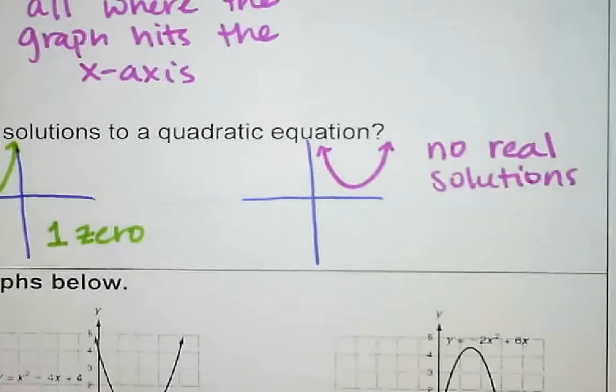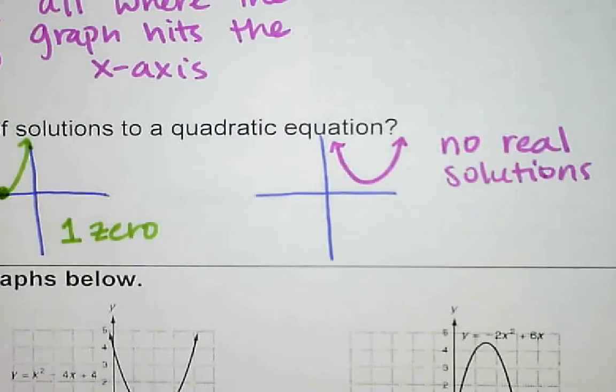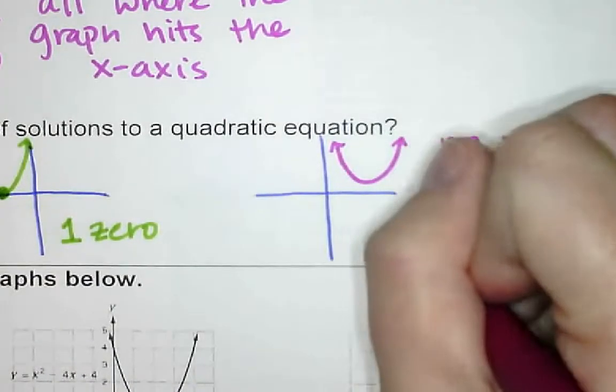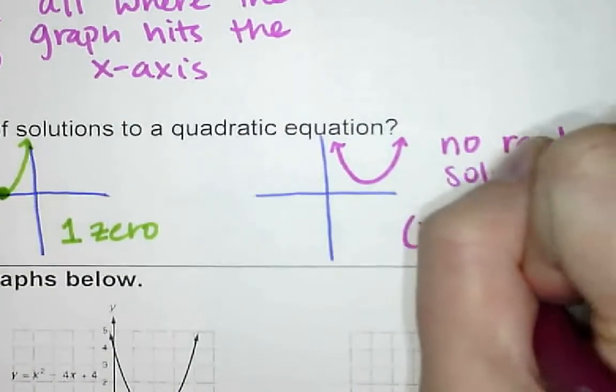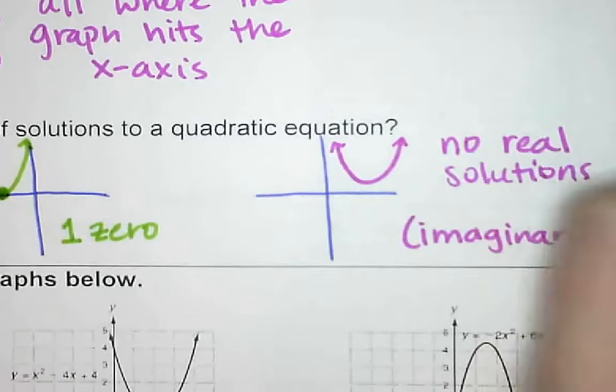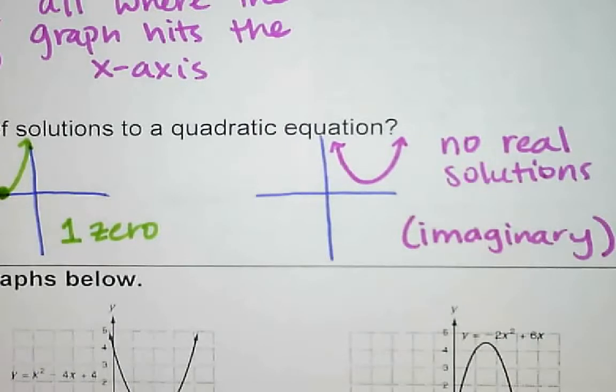There are actually imaginary solutions, okay? There are such things as imaginary solutions. I know that sounds silly, but it is true. So it's no real solutions, or you can just say there are imaginary solutions. You could do it either way.